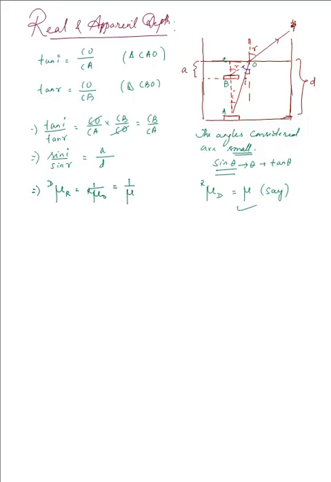So 1 over mu is equal to A over D. So we have the refractive index of the liquid equal to D over A.